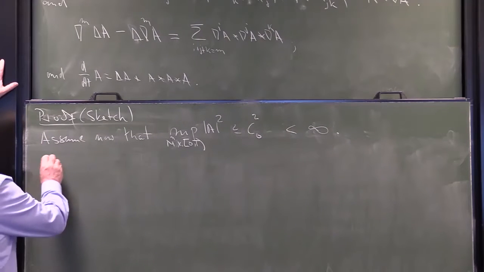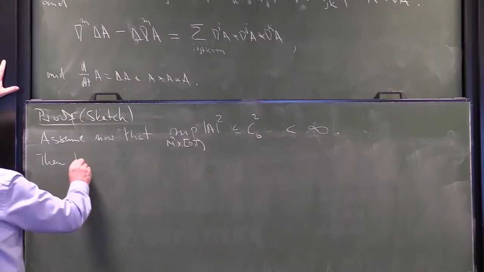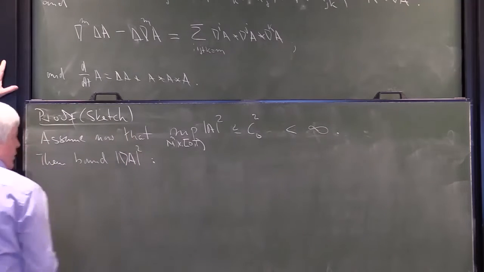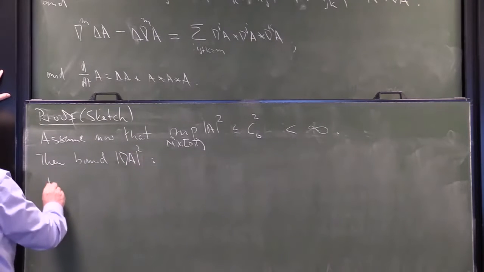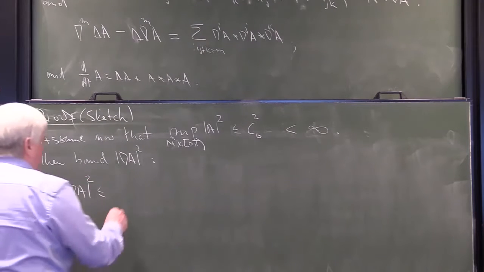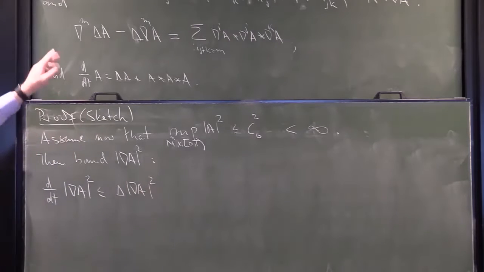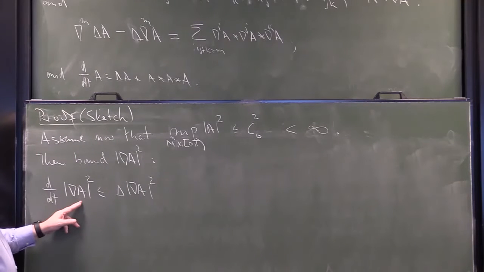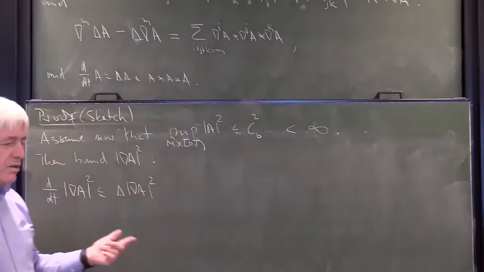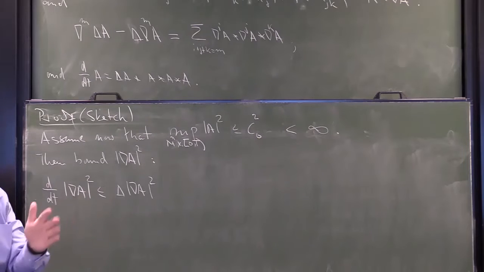Then we bound, in the first step, gradient A. Well, we have ddt of gradient A squared is less than Laplacian of gradient A squared, and then we have the sum of terms, and in this case m is equal to 1, so we get one term gradient A, and then one of the others must be gradient A, and the others must be just curvature.